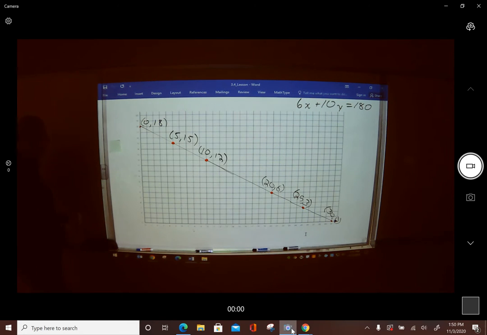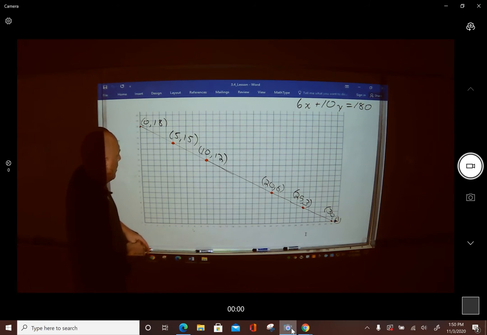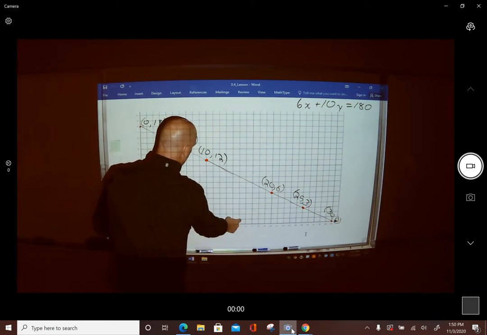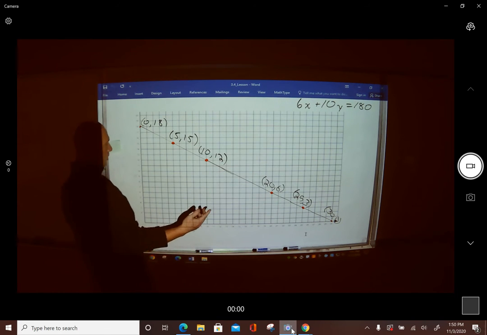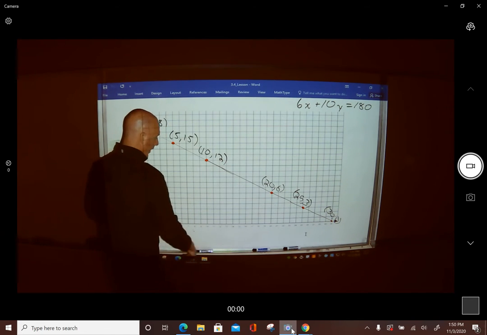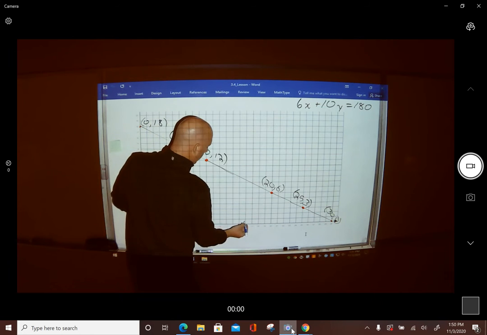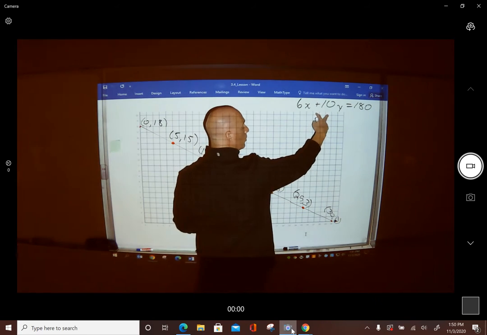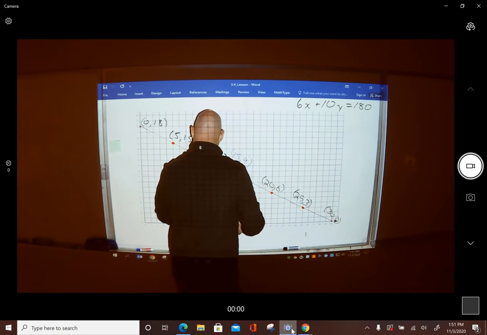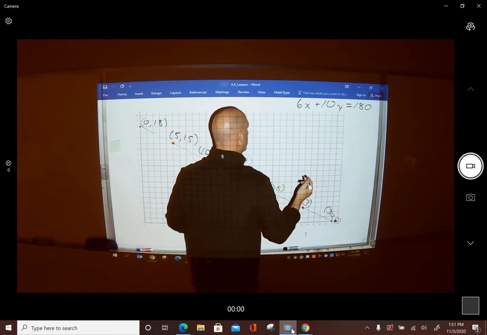So as we look at all these points, these are the only points that really should be on our graph. There may be one more at (15, 9). I can't do that in my head. It looks like it would make sense to have another point right there. And let's check. If (15, 9) is on our graph, I don't know this one, so I'm going to put it in blue right now. Well, remember, this would be a solution for this equation. If it's a solution, I can plug it in, it would be true.